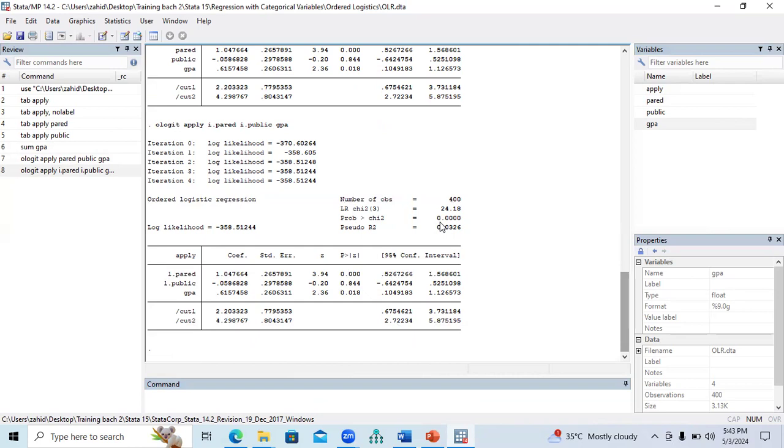The probability greater than chi-square is also similar. The parent education is statistically significant. The public is also negatively influenced, but it is not statistically significant. The GPA is statistically significant. So this is the specific detail that you can apply here.